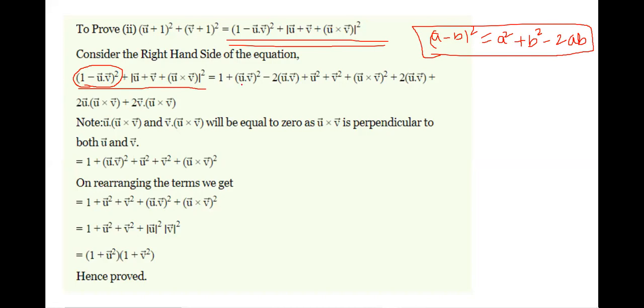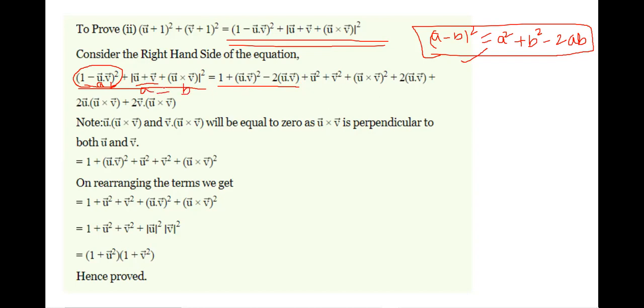Here we have applied the values in this formula: that is 1, plus b square, this whole square, minus 2ab, so we have got 2 u vector dot v vector. Again, we will write these terms as it is, that is u vector plus v vector, and again we will consider this as a and this as b.